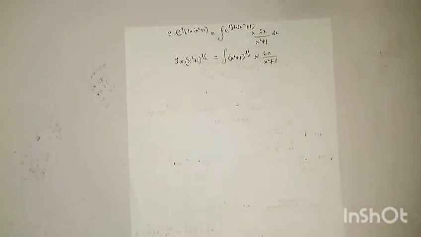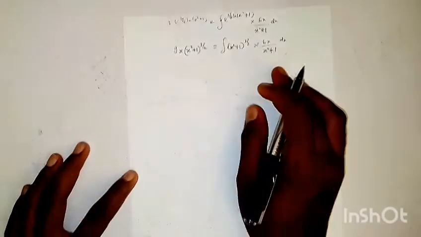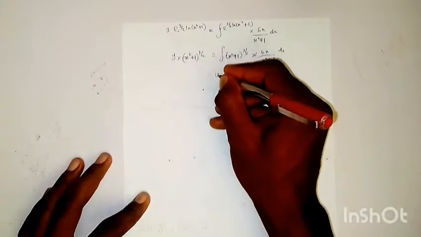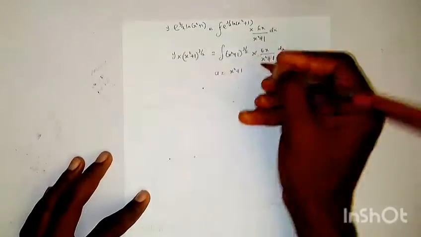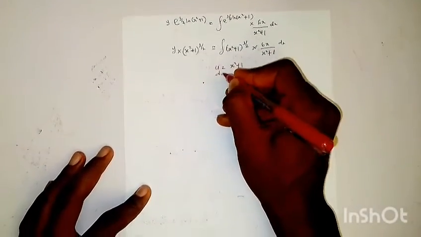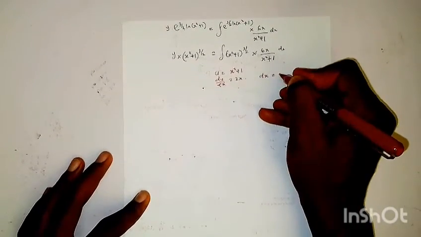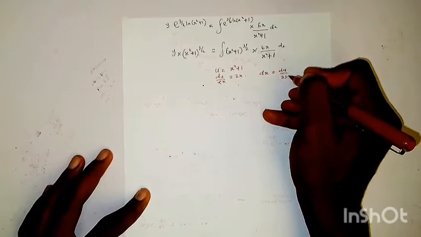So now to integrate my right hand side, I can say let u be equal to x squared plus 1. So du/dx gives me 2x, and making dx the subject of the formula, dx is du over 2x.